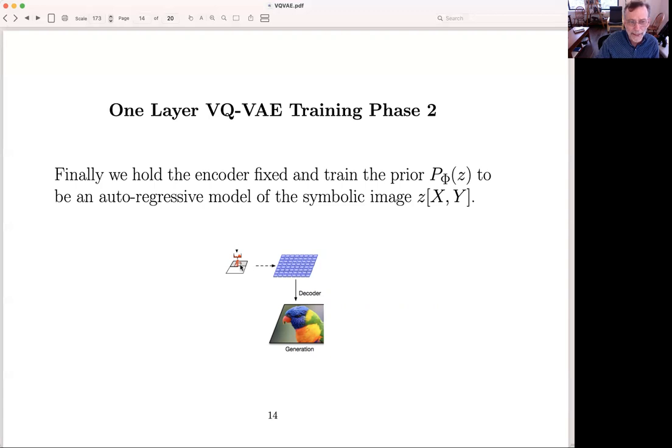And so I train an autoregressive symbolic model of the distribution over these symbolic images. And now an autoregressive language model can be sampled from, right? So I can sample one of these from the prior and then generate the image by the generator.